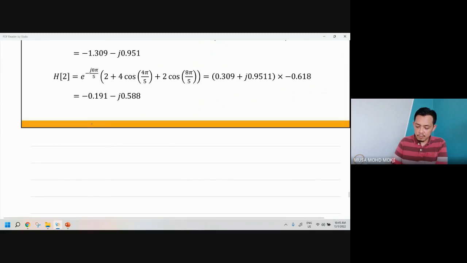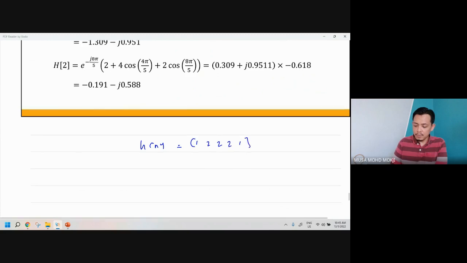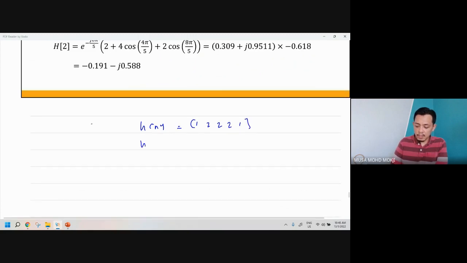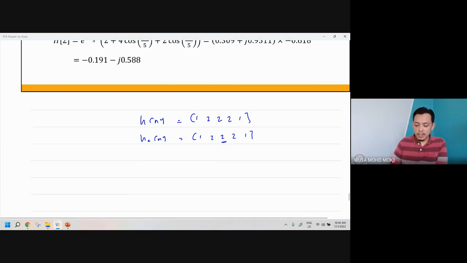If we have hn equal to 1, 2, 2, 2, 1, then we can have an even signal he equal to 1, 2, 2, 2, 1, which is centered at that one. And what is our frequency response H of k?